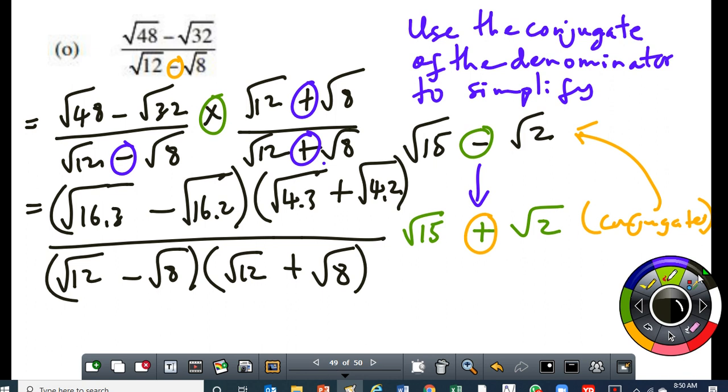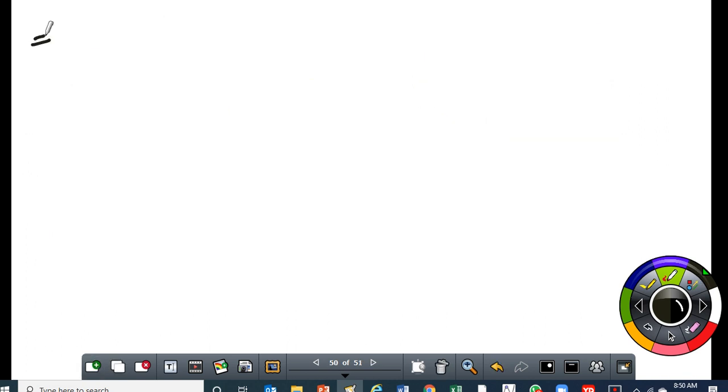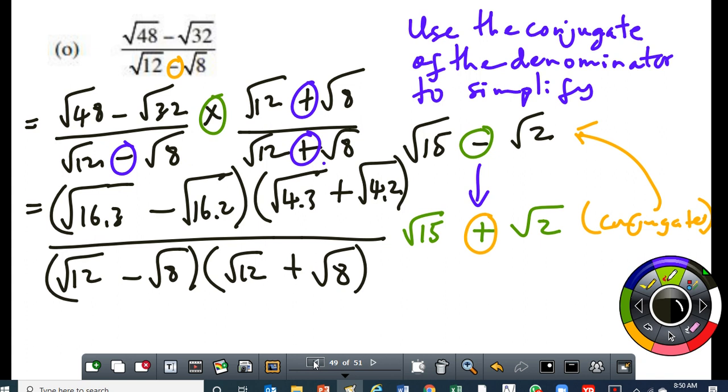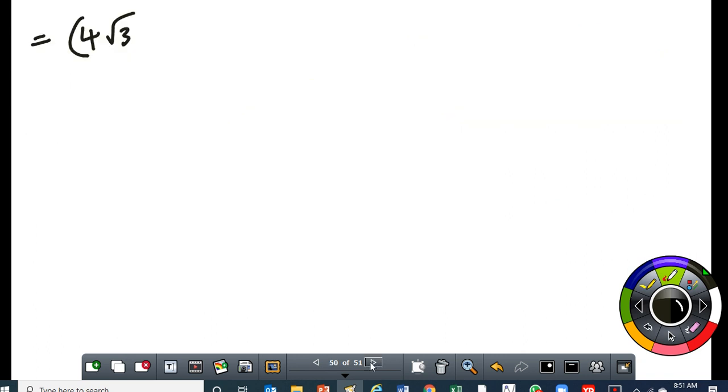Okay, if I move on to the next page, I want you to be aware that the square root of 16 is a 4. So I have to write 4 square root of 3, and I have to put that in brackets. Okay? I have converted this square root of 16 times 3 to 4 square root of 3 because 16 is a perfect square and the square root of 16 is a 4.